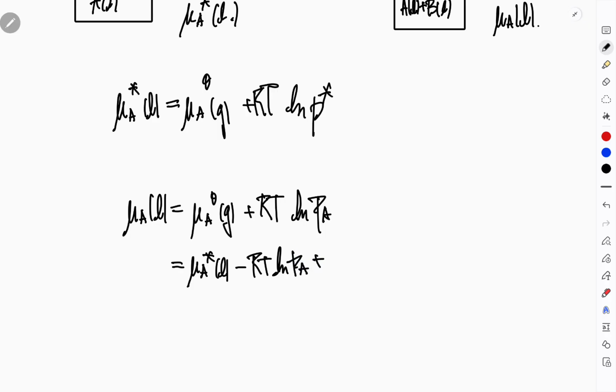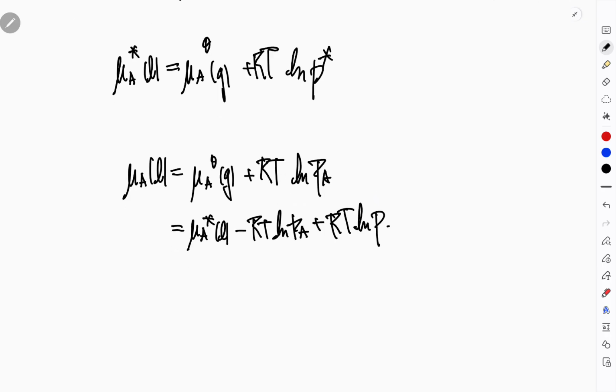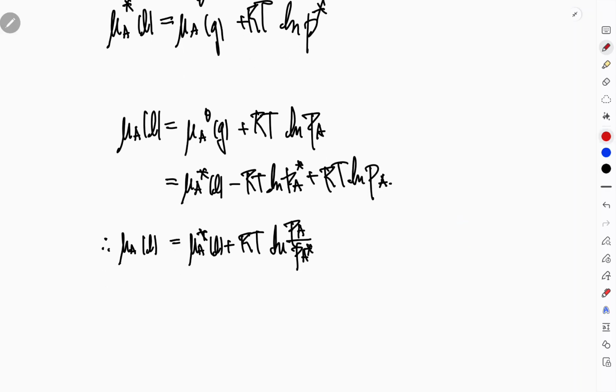And by experimental observation, the scientists discovered that this vapor pressure ratio, the vapor pressure of the mixture over the vapor pressure of the pure solvent A, is the mole fraction of A. So this is just an experimental observation.